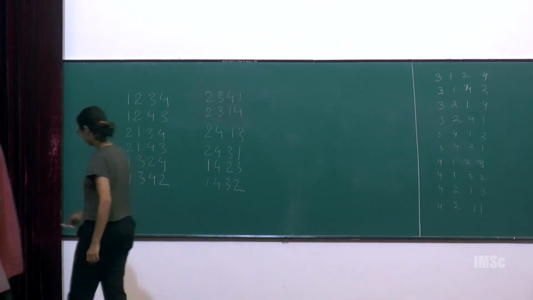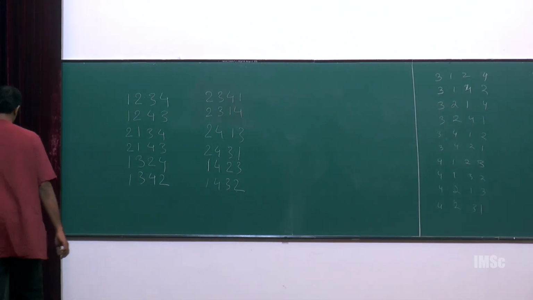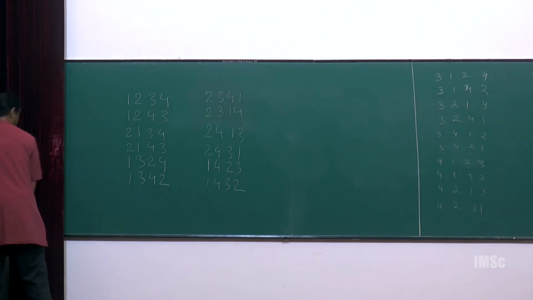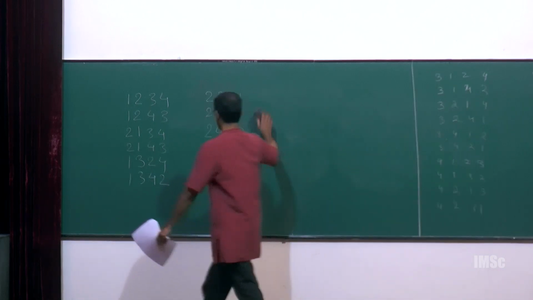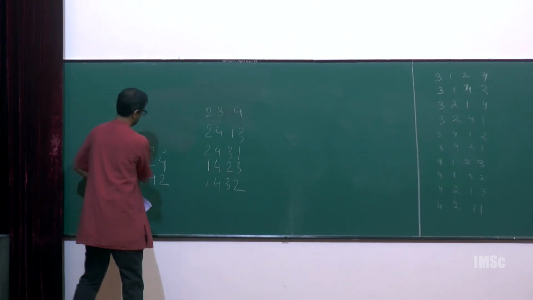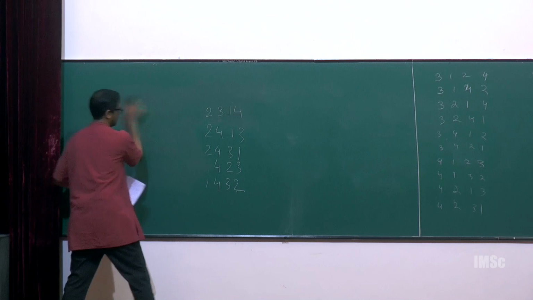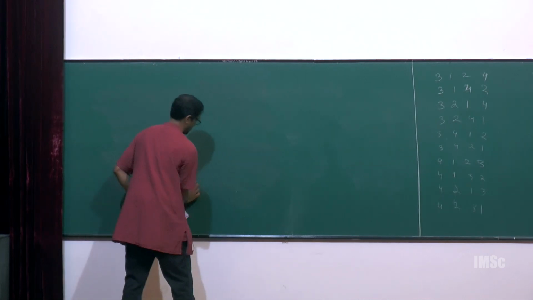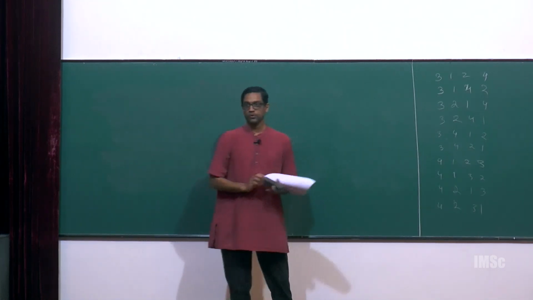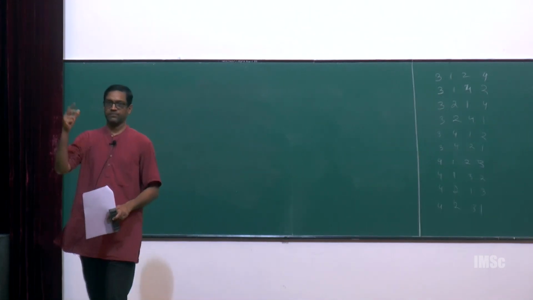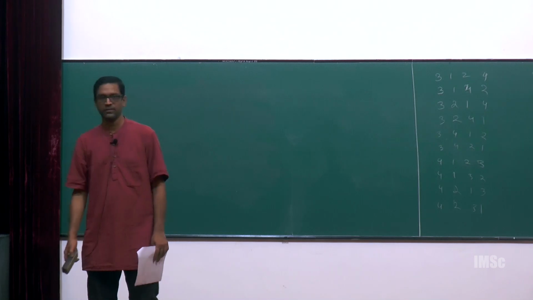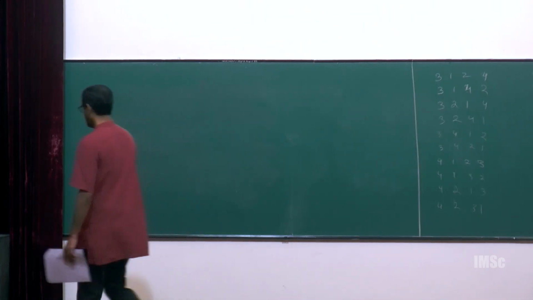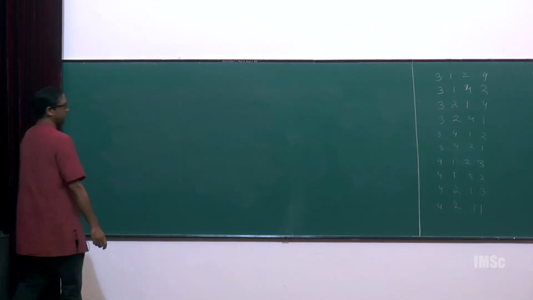Okay, so let's look at this order here, the alphabetical order that Avni wrote out for us. And now I'm going to do this for 5. So let's imagine writing out all permutations of 1, 2, 3, 4, and 5 in alphabetical order, okay? Or what's sometimes called lexicographic order.